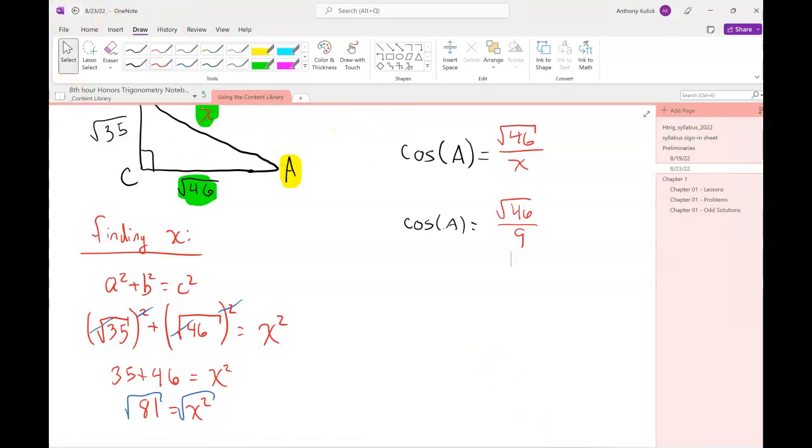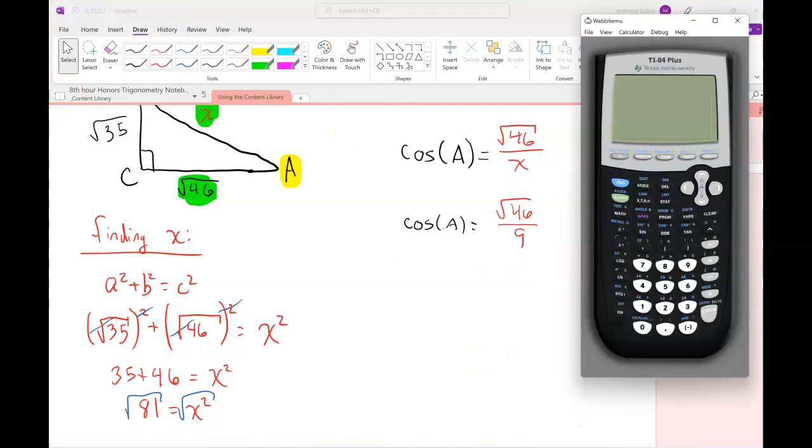Or to 1 decimal place or whatever it asks for a rounded answer. That's no big deal. So fraction command, square root 46 over 9. So 0.75-ish. Everybody feel good? No big deal? Does this kind of come back to you, more or less?